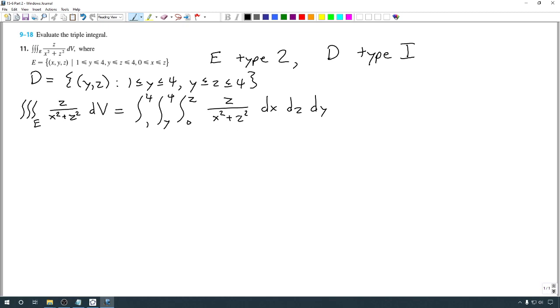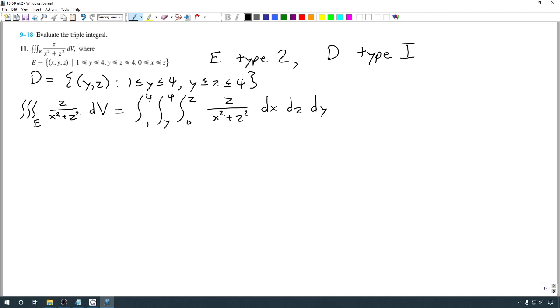One thing you might stop and ask yourself at this point is, if I don't know how to do this one immediately, maybe a different order could have worked. And in some cases, that might actually be the case. We could possibly set this up differently, set up E as not a type 2 region, or maybe D as not a type 1. This innermost integral only really depends on what type E is.